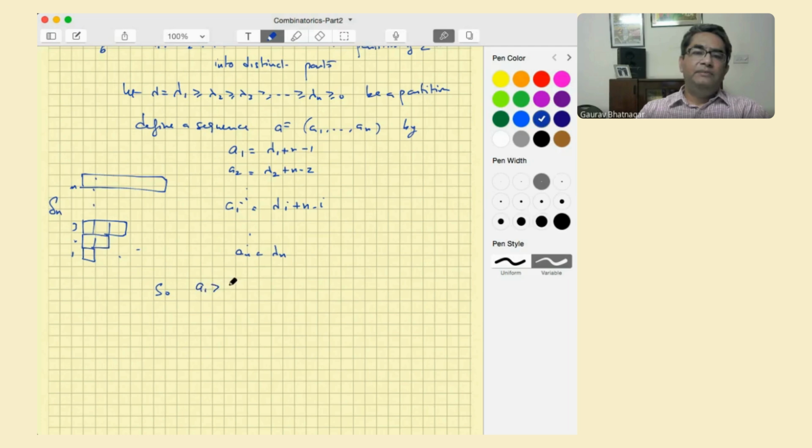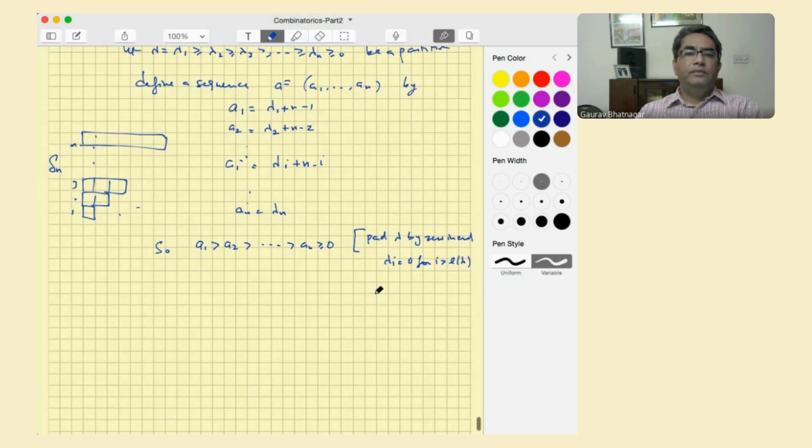So a1 is bigger than a2 is bigger than so on an. At most, the last one might be zero. So again, you can pad lambda by zeros, and so you can put lambda i equal to 0 for i bigger than the length of lambda to get this.